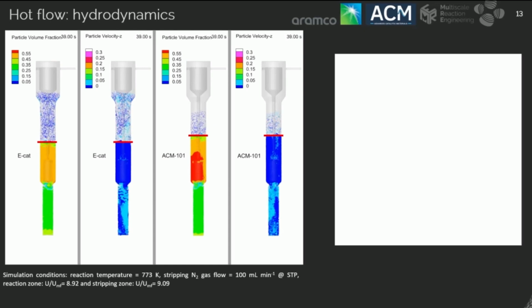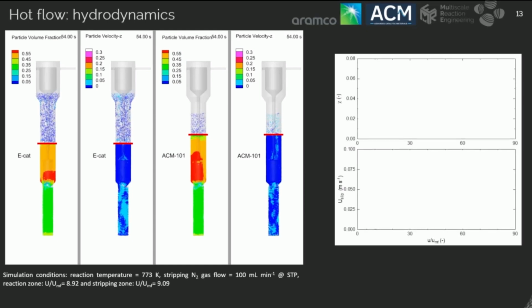In the case of ECAT, you can see the fines. Here we are utilizing the feature that we can enlarge the particles in order to see them clearly. At the same time, we can look at the other parameters that are used for optimizing the fluidization, which are the maldistribution factor and the slip velocity.